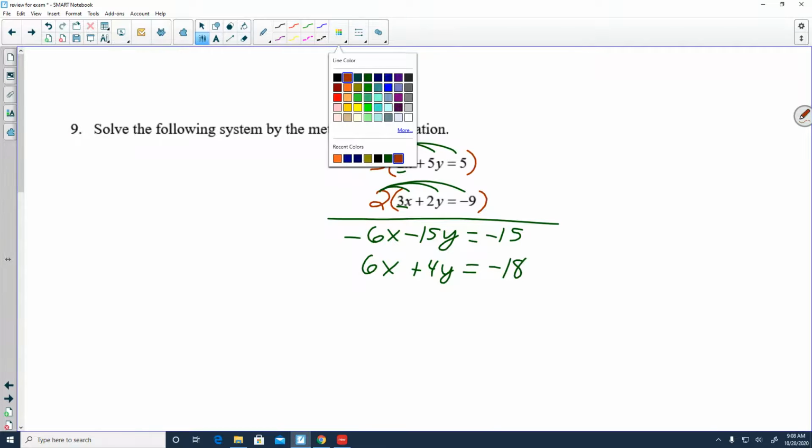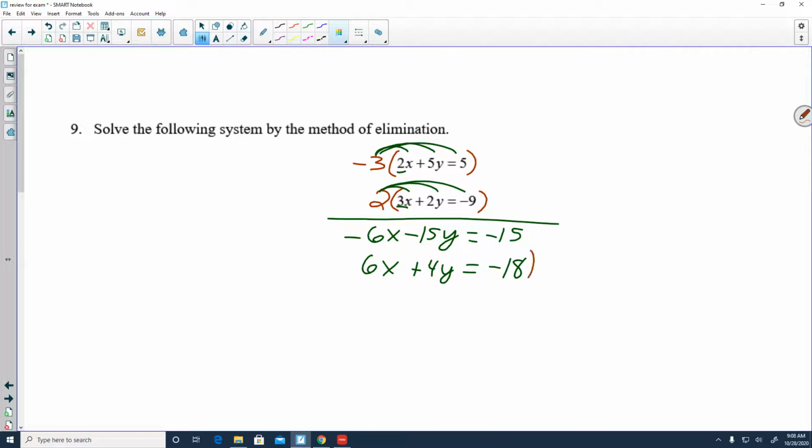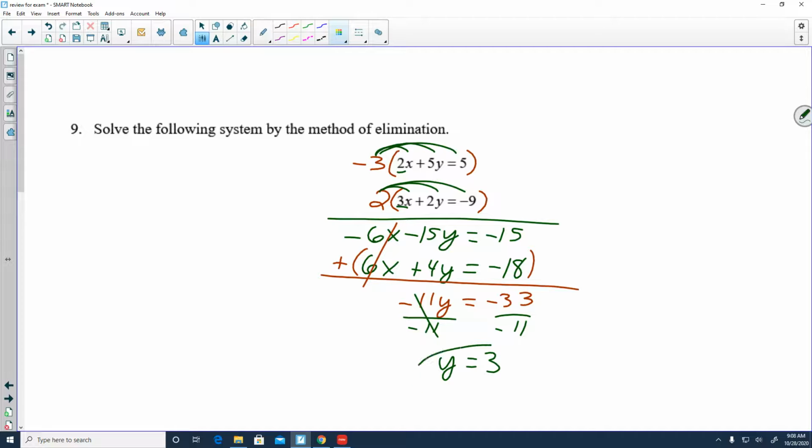Now when I add these two together, look at that, my 6x's go away. I'm left with negative 11y equals negative 15 minus 18, which gives me negative 33. Then when I divide both sides by negative 11, I get y equals positive 3.